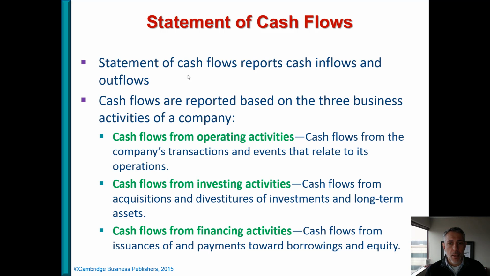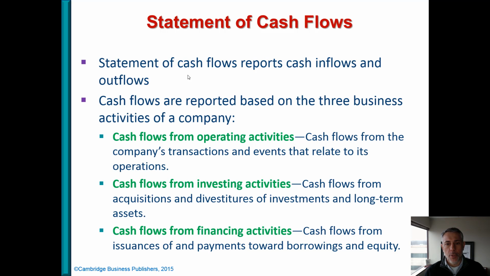So the statement of cash flows here is broken down between operating activities, investing activities, and financing activities. And basically, we're going to reconcile the cash that we had on day one of an accounting cycle. So think of that as January 1st, 2016. We're going to reconcile that with the cash we have on our balance sheet December 31st, 2016.